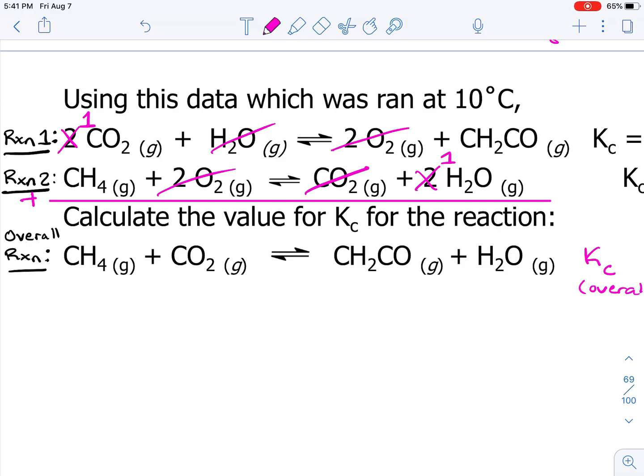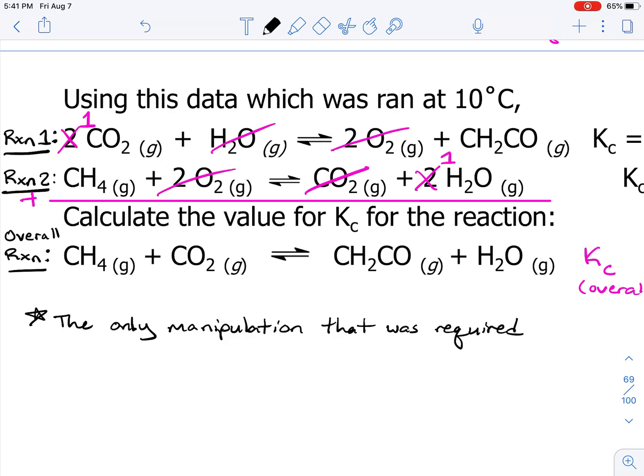And so for this example, it turns out the only manipulation that was required was the addition of the two chemical reactions.